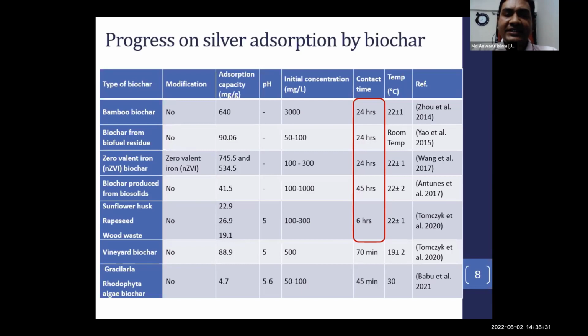And in most cases, as you can see, a higher silver concentration has been used, and the performance is moderate, even 400 to 600, depending on the activation or other doping systems.